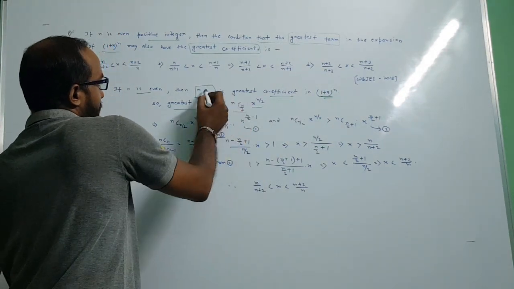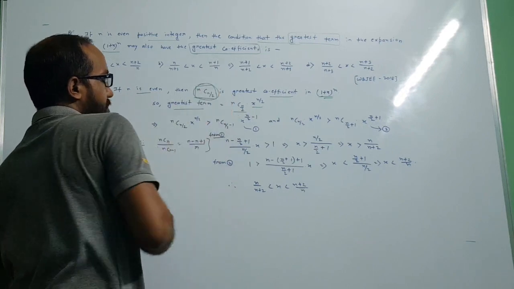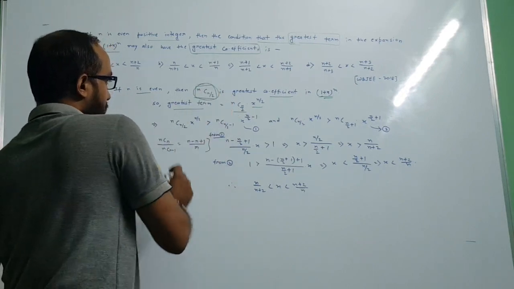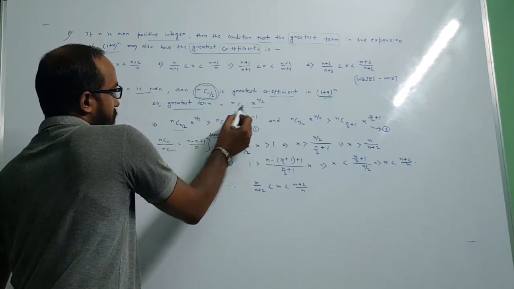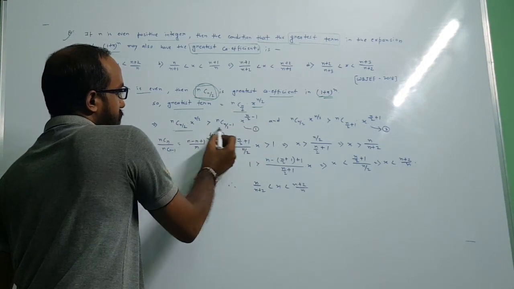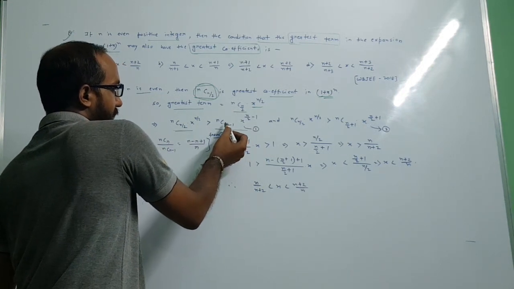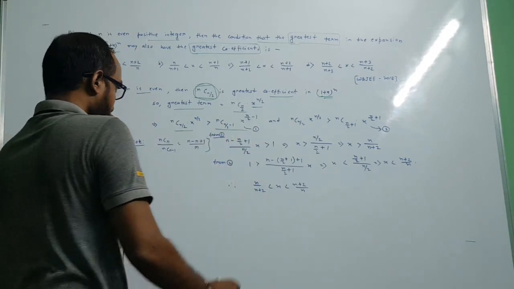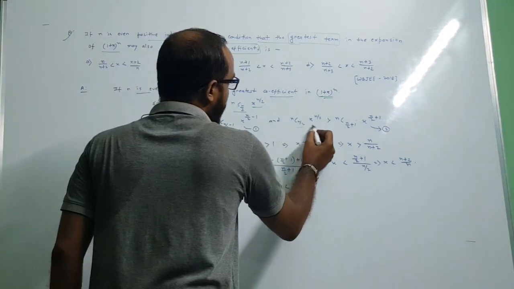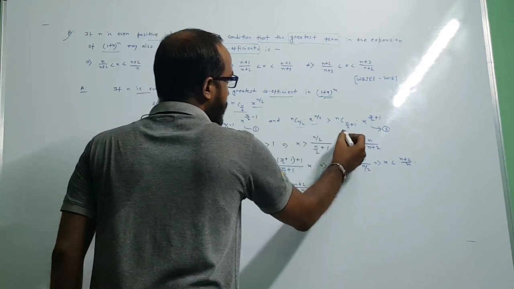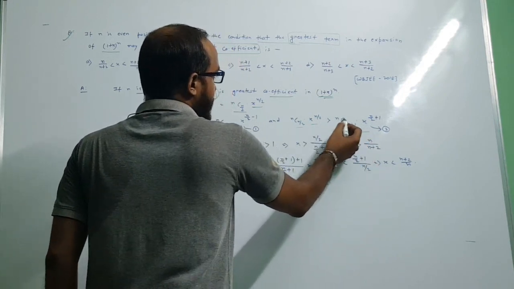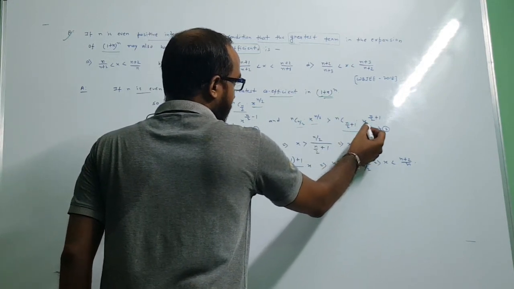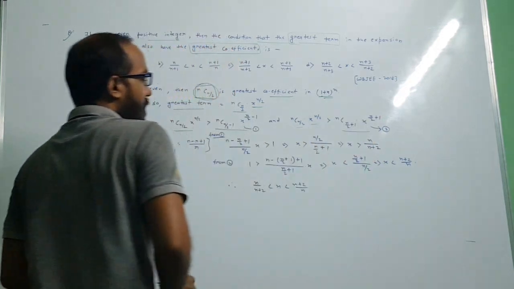So if the n by 2 term is the greatest term, that means we can say that nC(n by 2) into x to the power n by 2 should be greater than nC(n by 2 minus 1) into x to the power n by 2 minus 1, and nC(n by 2) into x to the power n by 2 is greater than nC(n by 2 plus 1) into x to the power n by 2 plus 1.